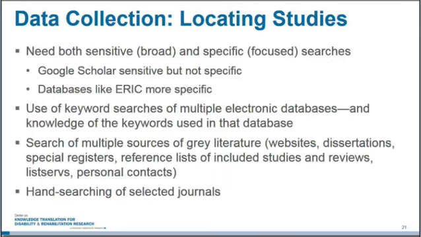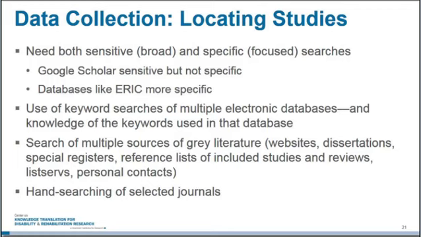So I'll be relying on that source for the next few slides. Some things to consider when you're developing your search strategy to identify a set of studies that are potentially eligible for your systematic review: you need both sensitive, which are very broad, and specific, which are very focused searches.